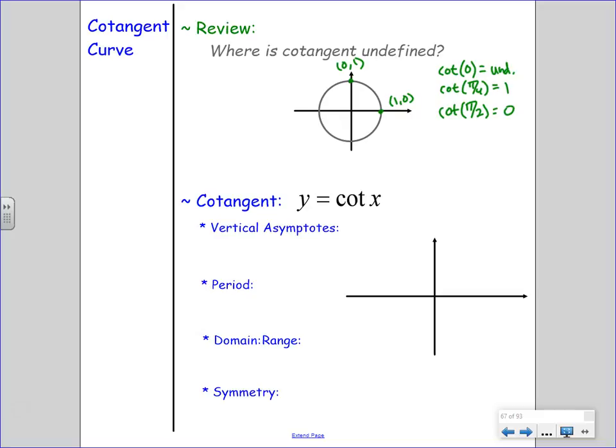So let's see what that actually does in our graph. At 0, where tangent had a point, cotangent has a vertical asymptote. They switch. And at pi over 2, where tangent had a vertical asymptote, cotangent's going to have a point. However, at pi over 4, if we were to graph them together, they'd be at the same place.